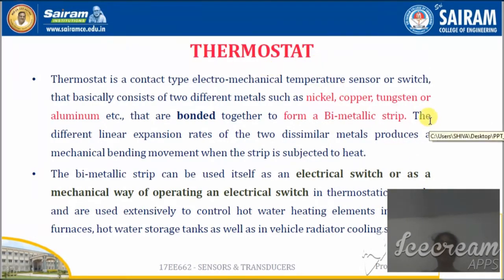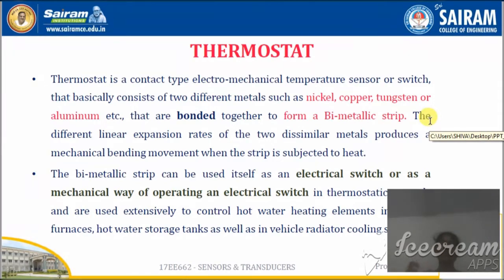Thermostat, four points you should remember. A thermostat comprises a bimetallic strip. It can act as an electrical switch or a mechanical switch, and the mechanical switch can be operated in the way of an electrical switch. A water heater has a bimetallic strip.